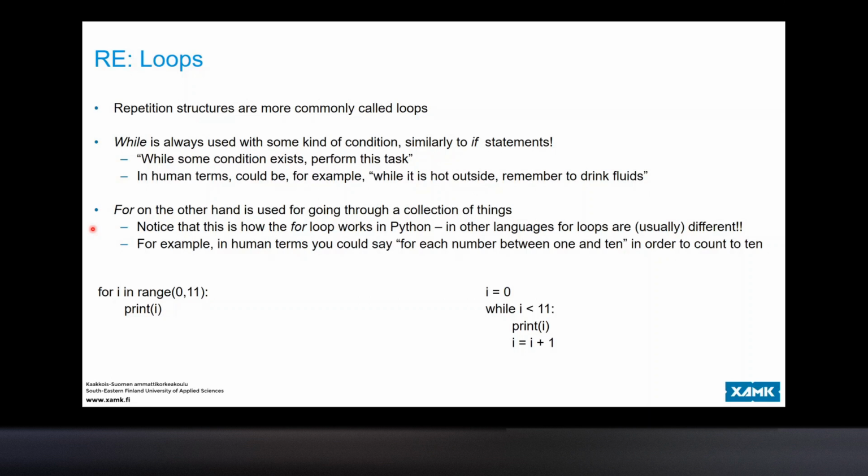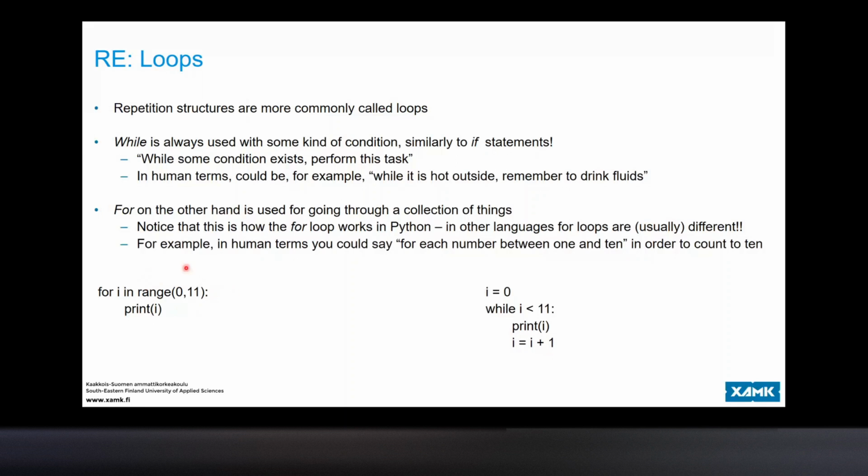So if you go on to program in some other language later on, or if you have come from another language, this is a thing that is different. For example, for might be used to go through a range of numbers. In Python, we also looked at this range function last time.